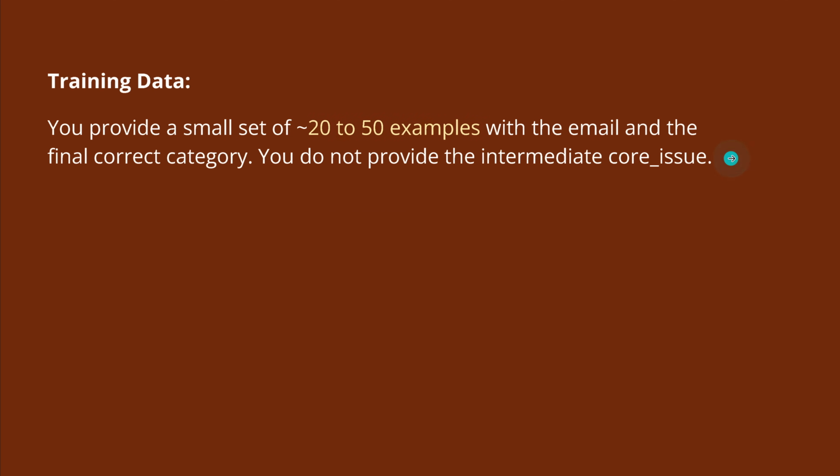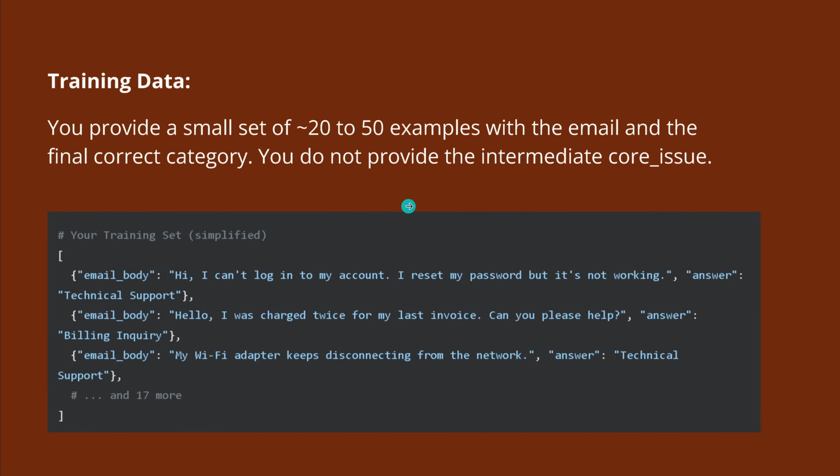So you define your training data. How you do it? Well, guess what? You say, hey, email body, hey, I can't log into my account. I reset my password, but it's not working. So what is what you want? You say answer, technical support. If somebody comes with an email body, hello, I was charged twice for my last invoice. Can you please help?